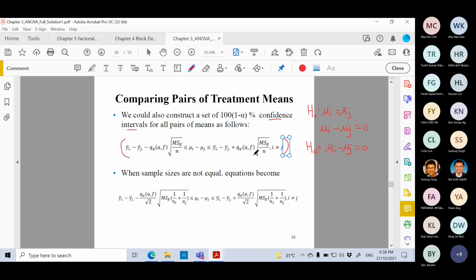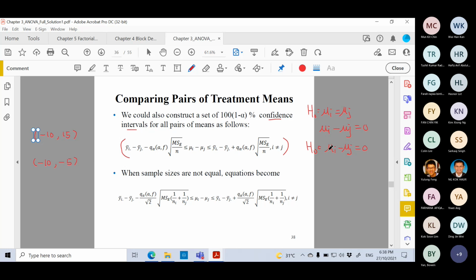When you construct the confidence interval, say you get negative 10 and 15. Because 0 is inside the interval, you do not reject the null hypothesis. But if after calculation the interval is from -10 to -5, then 0 is not in the interval, it is outside.